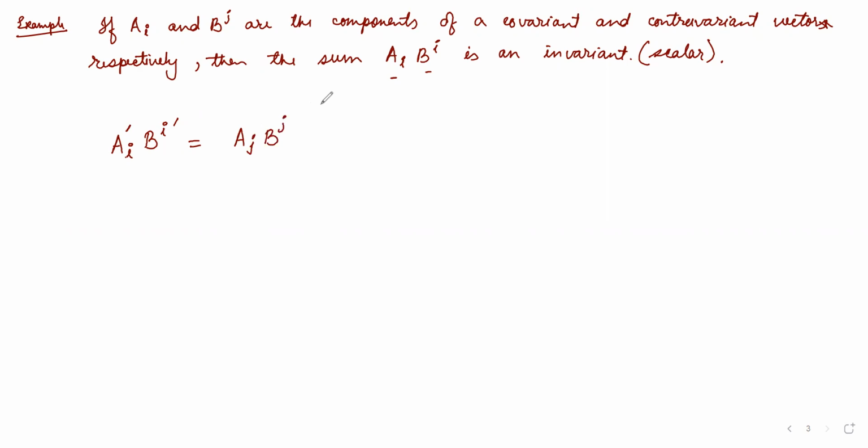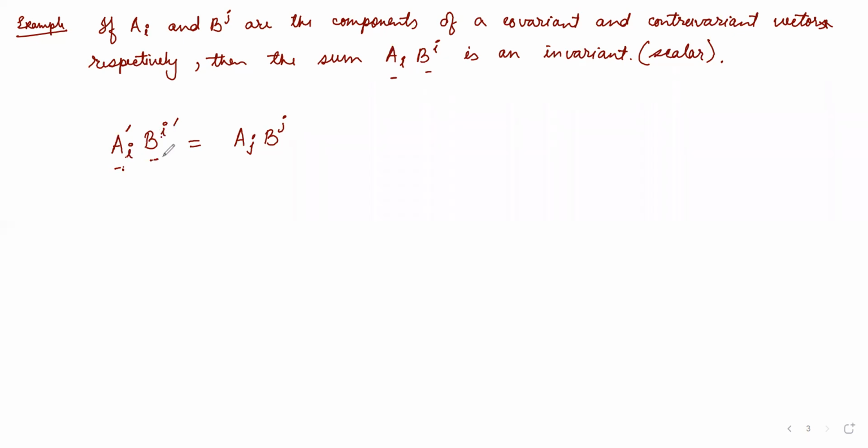Okay, what is this? I repeat, this is the component of the covariant vector A in the prime coordinate system. This is the component of the contravariant vector B in the prime coordinate system. And I have set their indices equal.